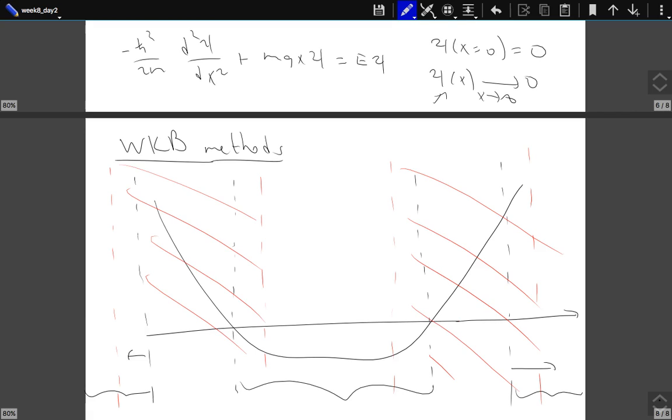And then just using these Airy functions, we can match the solutions in different regions. So that will give us an approximate solution of our wave function, which is constructed by a kind of patchwork. We will determine our solutions at different regions and match them using the Airy functions.